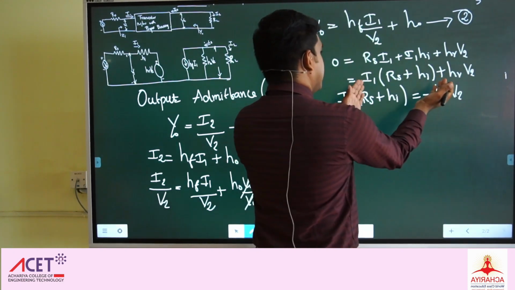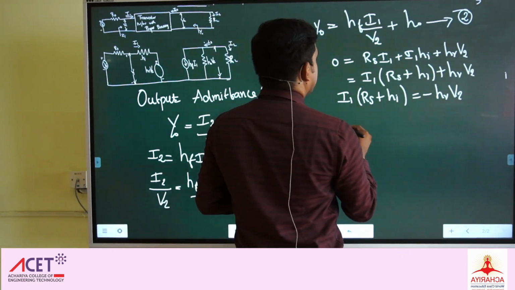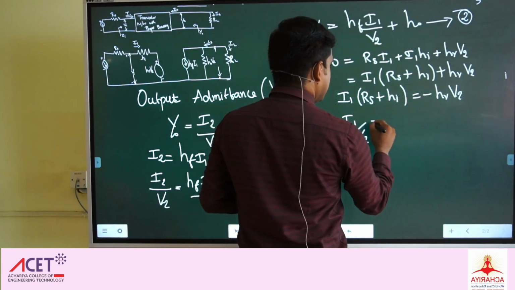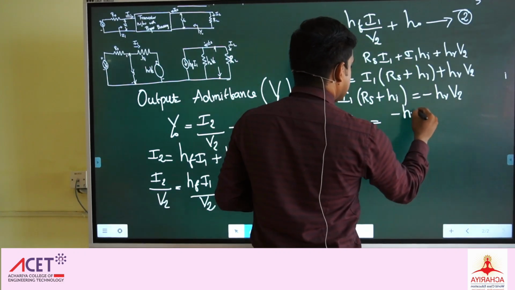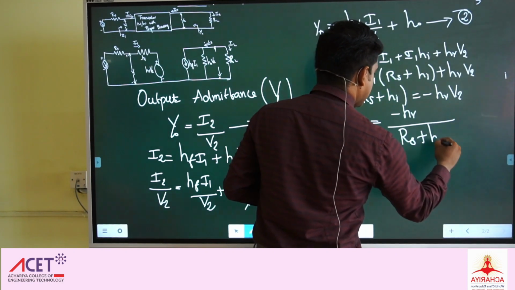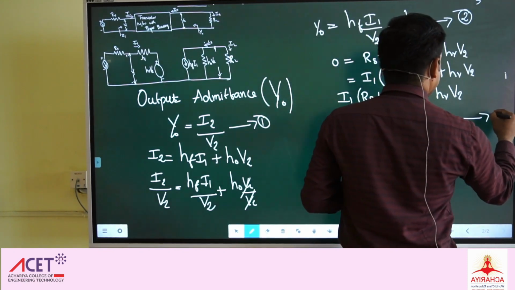Just we are bringing this one to the left hand side and putting minus. Then I1 divided by V2 is equal to minus HR divided by Rs plus Hi. Consider this as equation number 3.